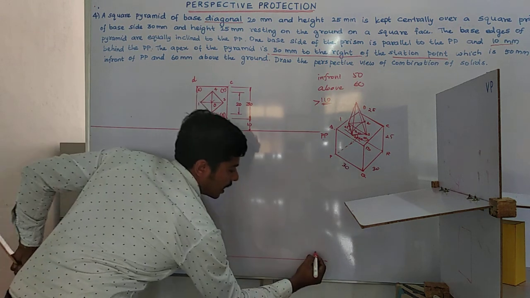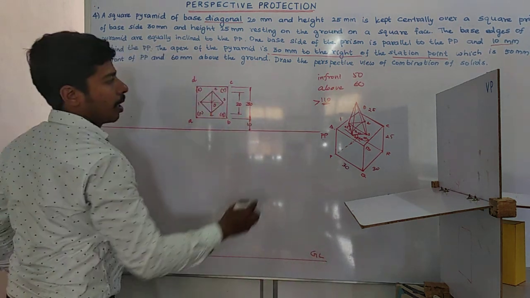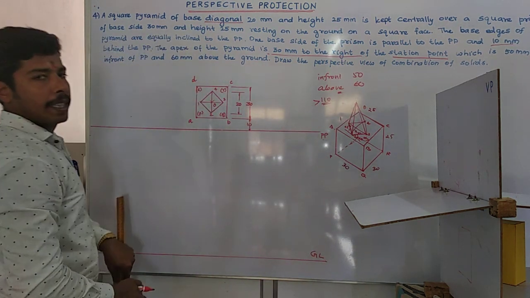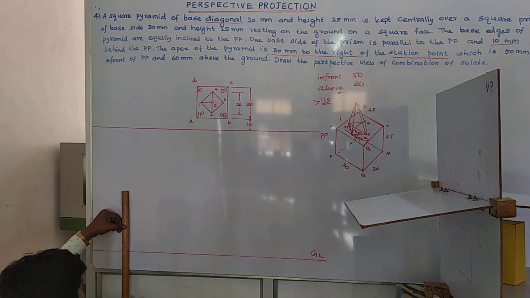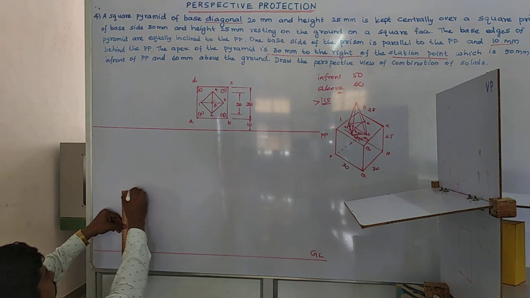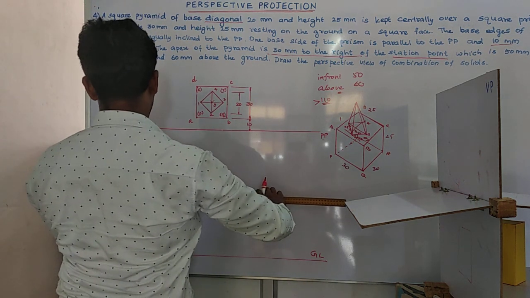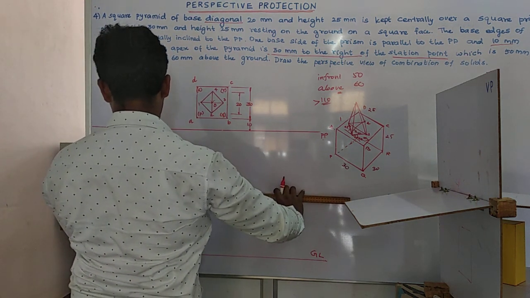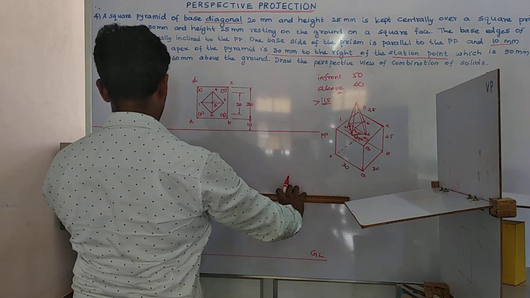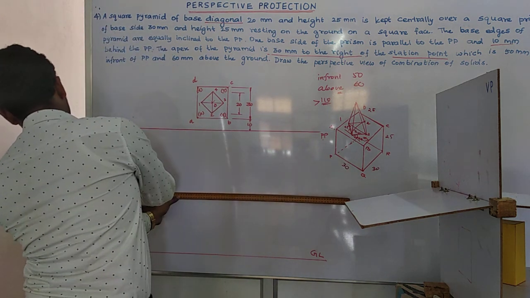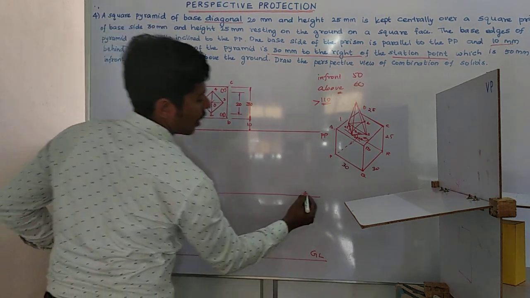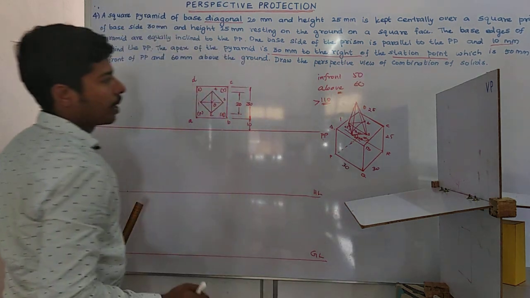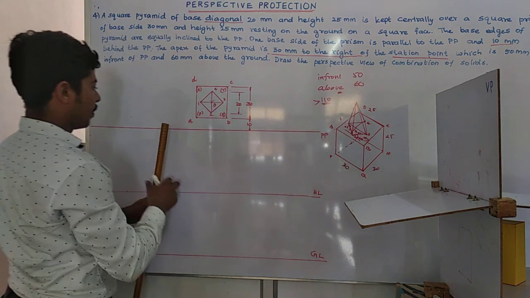So this is our ground line. Then how much above? 60 mm above. This is the height side. And how much in front? 50 mm.